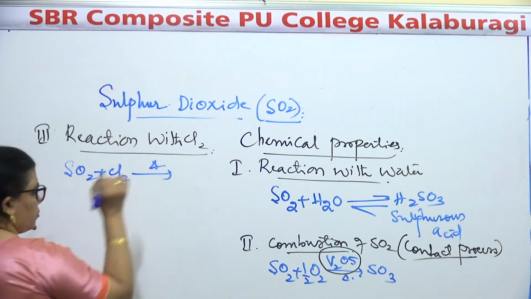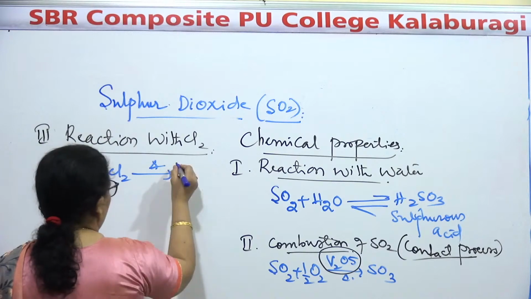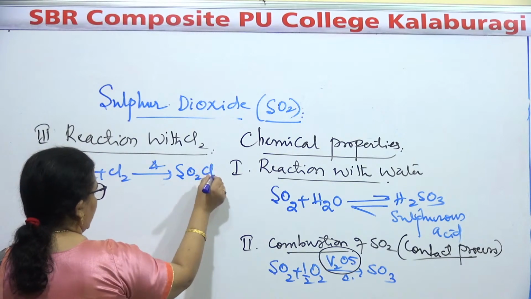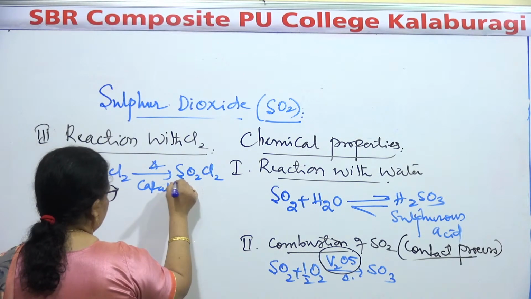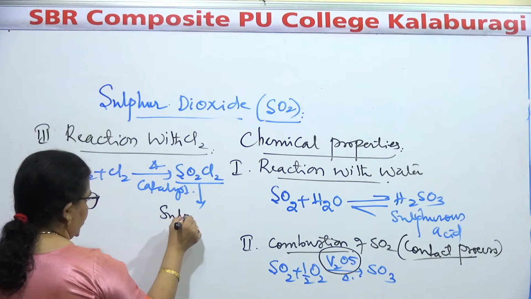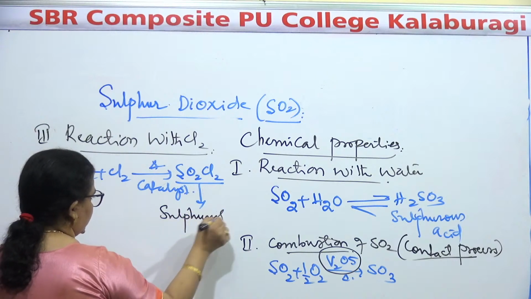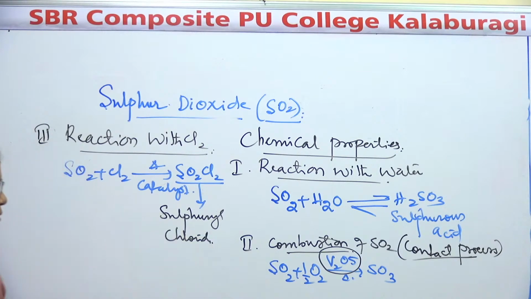When sulfur dioxide is treated with chlorine in the presence of a catalyst, it produces sulfuryl chloride, SO2Cl2. This is called sulfuryl chloride.